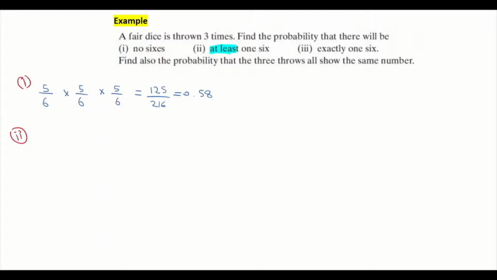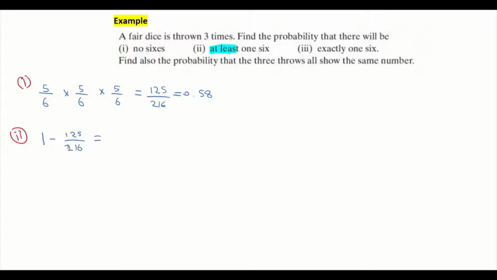So what I'm basically doing here is I'm taking the full probability, which is 1, it's 100% on my probability scale, which is 6 over 6 basically, and I'm going to subtract the probability of not getting a 6. And that's my answer from part 1, which is 125 over 216.